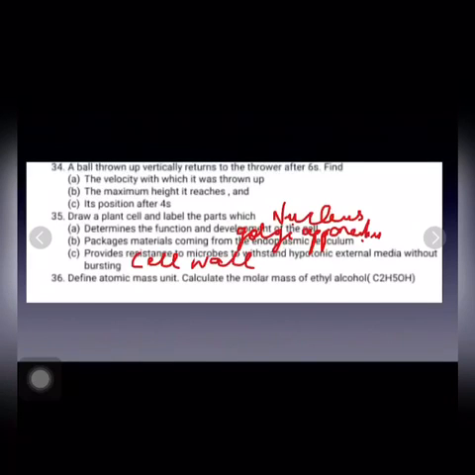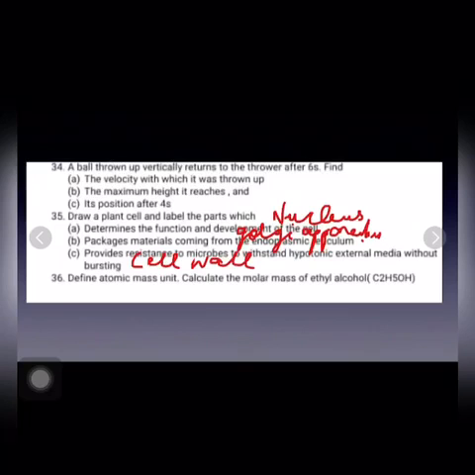Now see the next question, which is, define atomic mass unit and calculate the molar mass of ethyl alcohol. So the atomic mass unit is basically defined as the mass equal to exactly 1/12 of the mass of an atom of carbon-12. Simply you have to write the definition and you have to calculate the molar mass. So like here, C2H5OH.